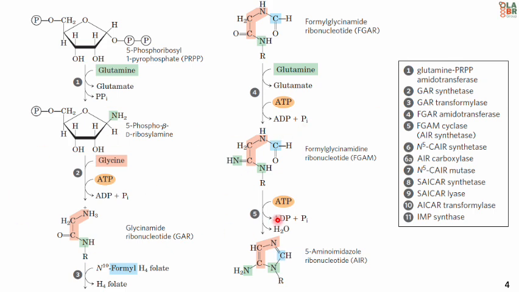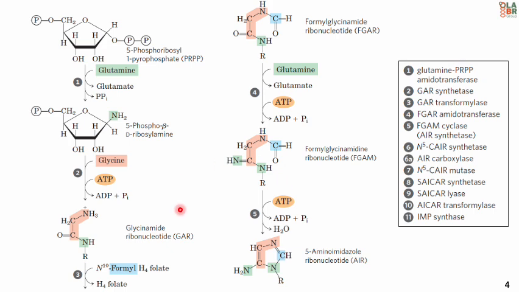And what we want to take away from this is just understanding what amino acid is donating what component to each part of the structure. So you want to know that glutamine is donating the nitrogen to that carbon 1 at PRPP. You want to know that glycine over here is donating these 3 carbons on the branch molecule.